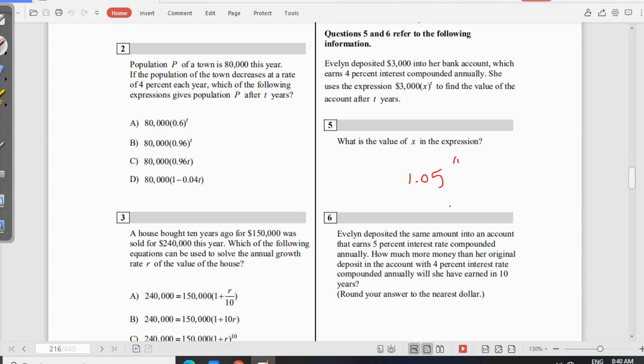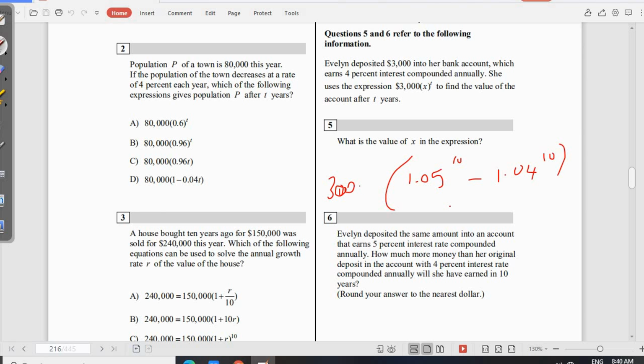The first one will be 1.05 raised to the power 10 minus 1.04 raised to the power 10. Then whatever we get, we multiply by 3000. This is like factorizing, because you do 3000 times this minus 3000 times this, so just factorize it and get 3000 in the middle.